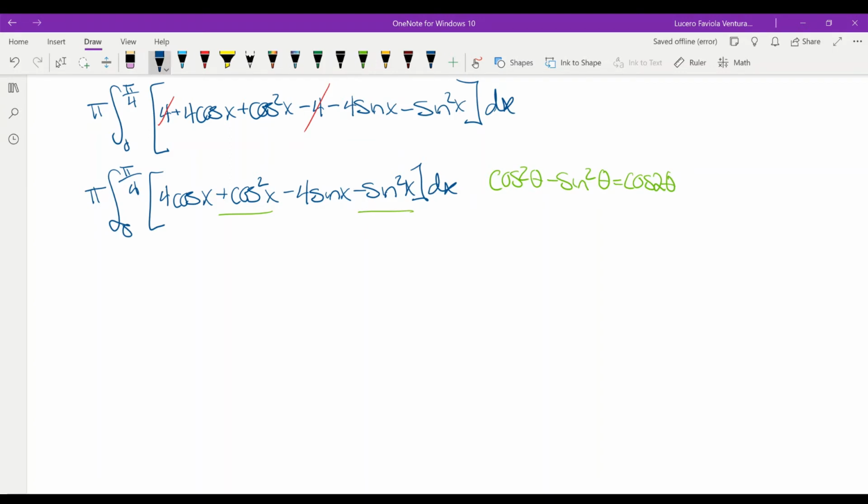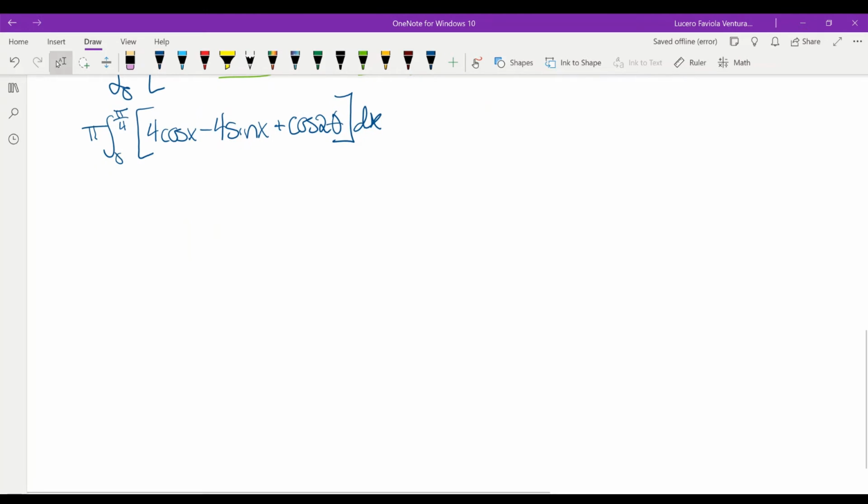And rewrite it as pi integral from 0 to pi over 4, then in brackets, 4 cosine x minus 4 sine x plus cosine 2x dx. And then I'm going to expand the function so it's easier to look at and so we know what it is that we're doing.